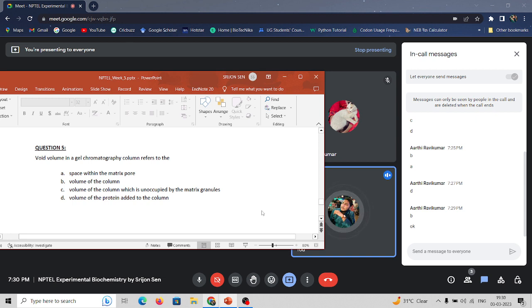That is termed the void volume. Now can you tell me which is the right option? Yes, so C is the right option, the volume of the column which is unoccupied by the matrix granules.